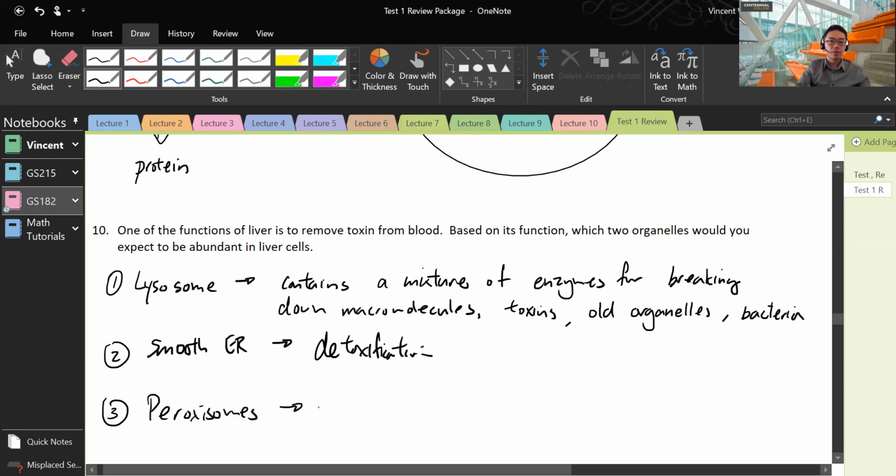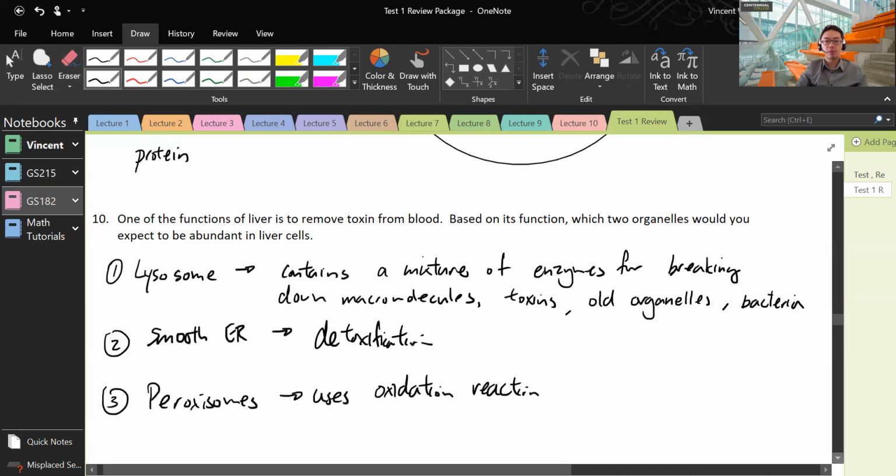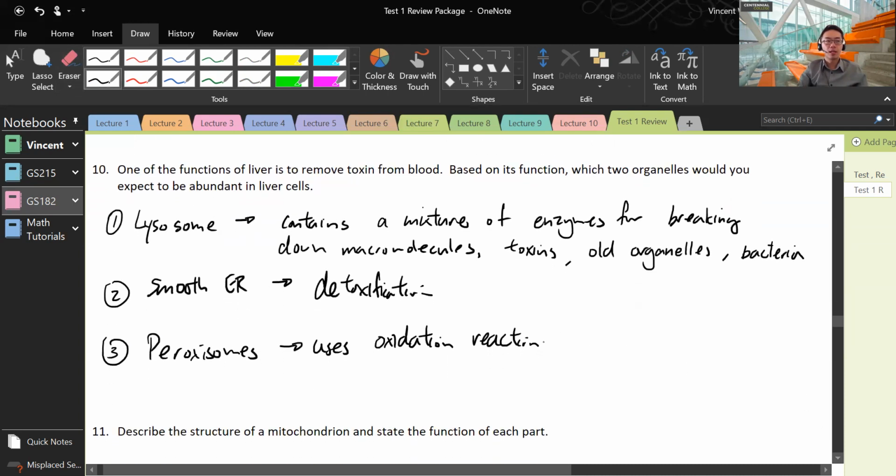Peroxisomes. Okay, so uses oxidation reactions, which, now you know what oxidation means, right? It means it rips electrons away from something. So it uses oxidation reactions to break down toxins and other molecules.